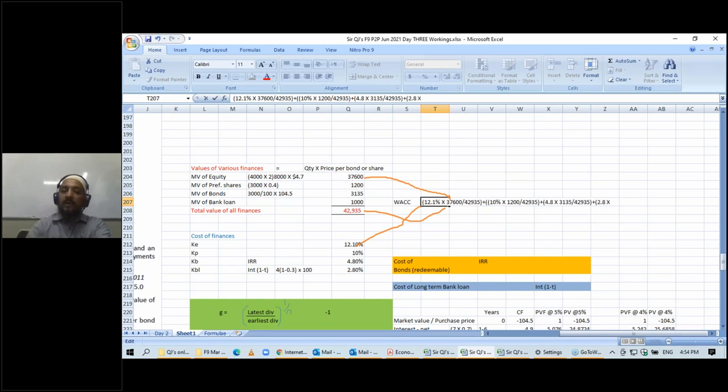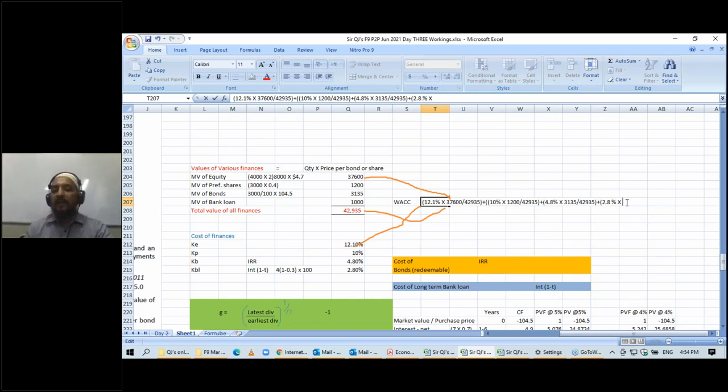Now note over here, as I said earlier, the highest is the cost of equity, then the cost of preference shares, which is closer to equity, and then the lowest are 4.8% and 2.8%, which are the cost of debt. So the company can reduce its cost of capital by obtaining more funding from debt capital rather than from equity capital.